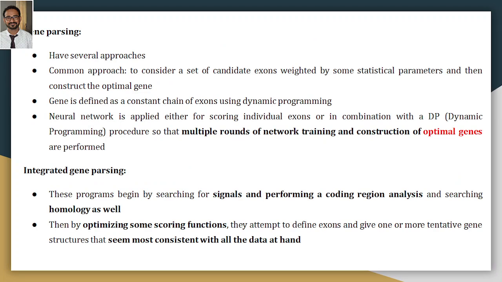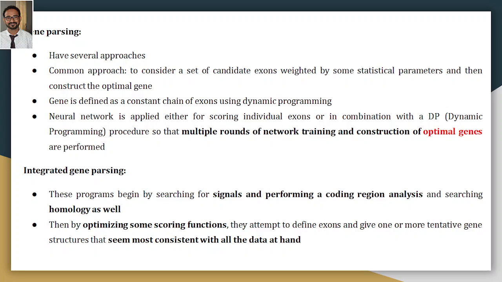When you speak about gene parsing, it has several approaches. The common approach is to consider a set of candidates. When we speak about gene functions, we need to speak about coding regions. Where will the coding regions be? In exons. So consider a set of candidate exons weighted by some statistical parameters and then construct the optimal gene.